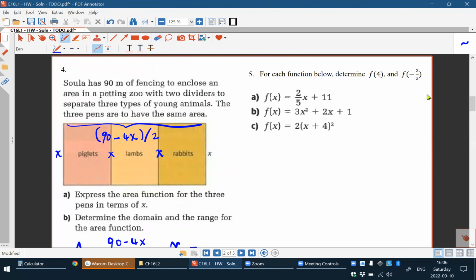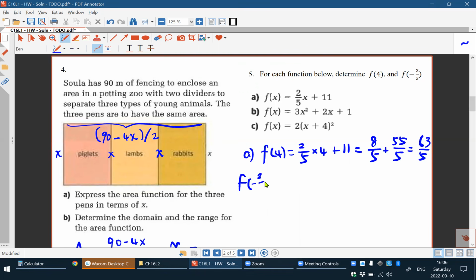For each function below, determine f(4) and f(-2/3). This is simple, right? You can just put 4 and -2 over 3 into each of the functions. Okay, I'll do the first one for you. f(4) is 2 over 5 times 4 plus 11, right? It's 8 over 5 plus 55 over 5, which is 63 over 5.